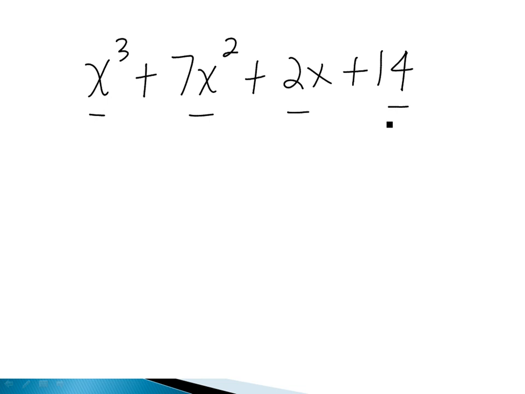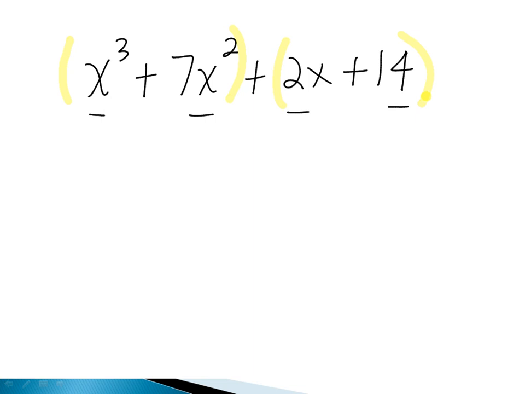When we have 4 terms, we normally group 2 terms together. You may see some people put a parenthesis around the terms that they're grouping. I normally do not, but you can always group them using a parenthesis.